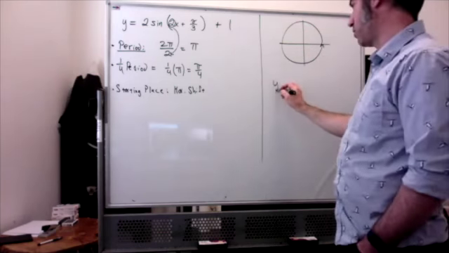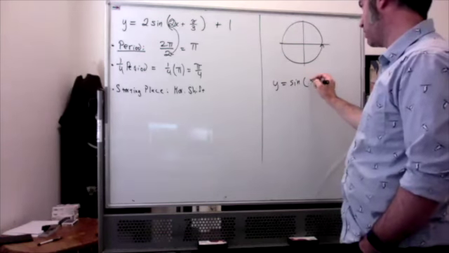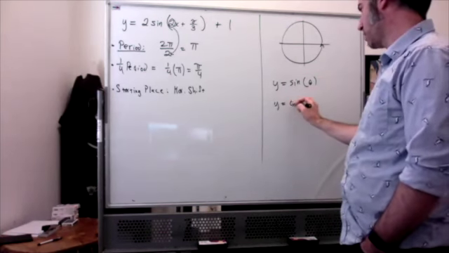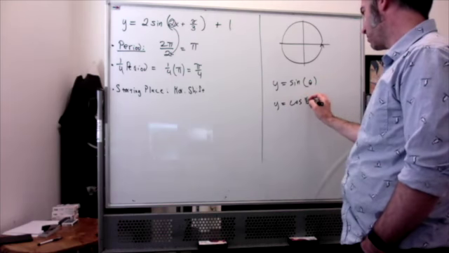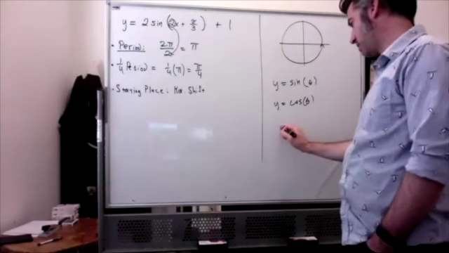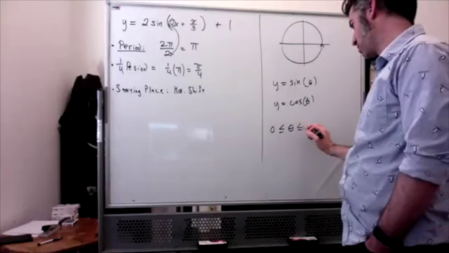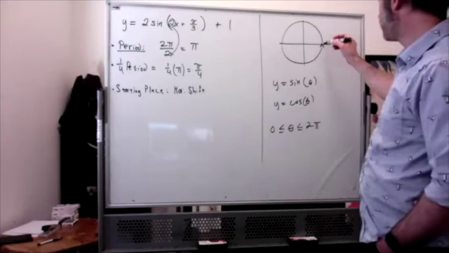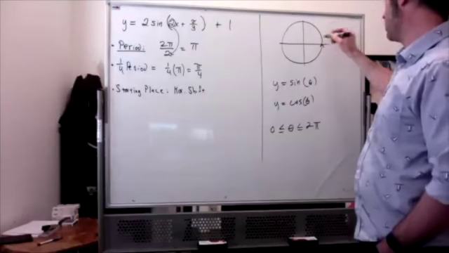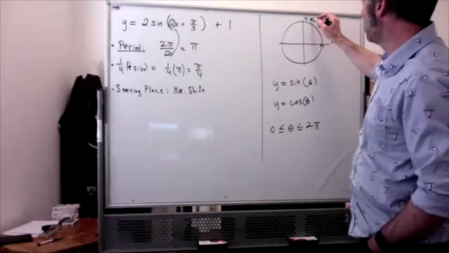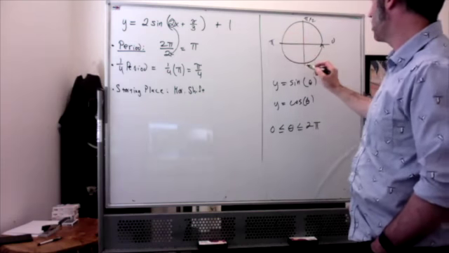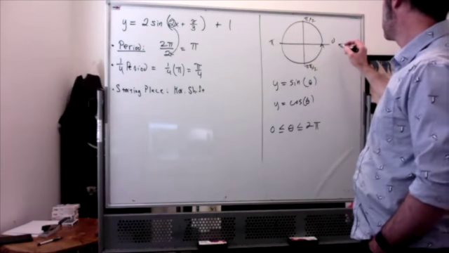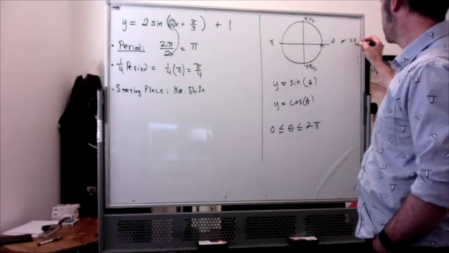So if I was graphing y equal to sine of theta or y equal to cosine of theta, the angle theta has to go from 0 to 2 pi. Okay, so which is this, right? 0, pi over 2, pi, 3 pi over 2, 2 pi.